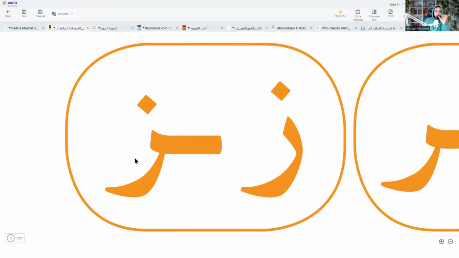Air passes between the teeth, which are slightly closed, so it makes a Z vibration. That sound, z, z. You can repeat with vowels: za, zu, and zi. Zay is one of the smoothest letters to learn.